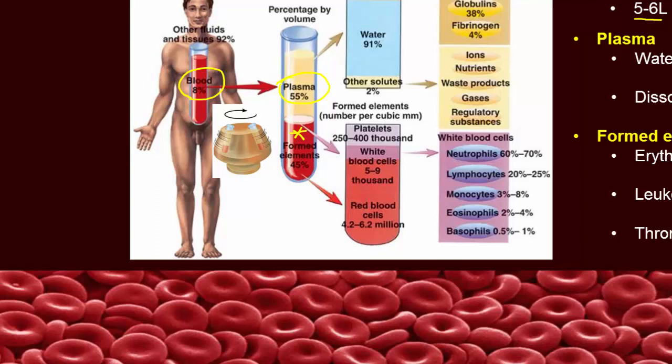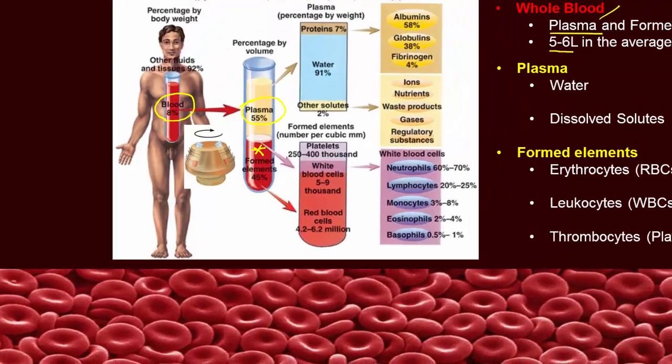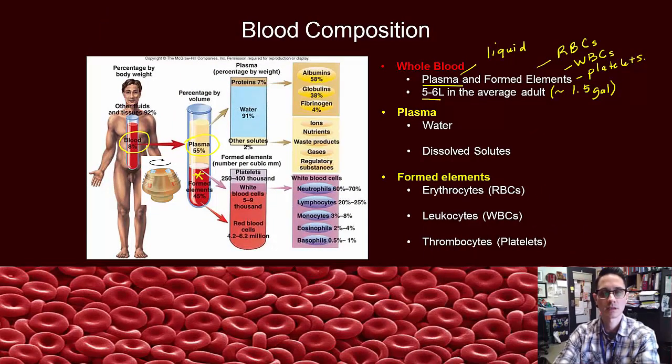Then we can draw from either of those two compartments and take a look at the component of the plasma or the component of the formed element. So let's quickly take a look at plasma here, and then we'll look at formed elements, and then we'll look at some of these components in greater detail. So the plasma is mostly water.